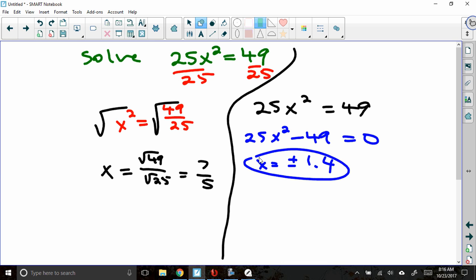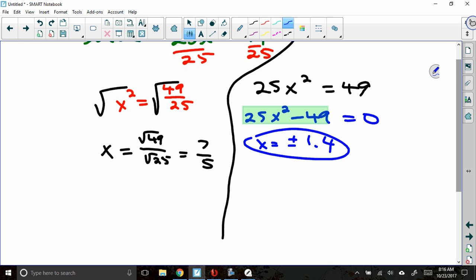But maybe we're really good at factoring, and we recognize what this is. I hope somebody remembers what that is from last week. Nice, the difference of two squares, awesome. A difference of two squares factors into something plus and something minus the same thing.